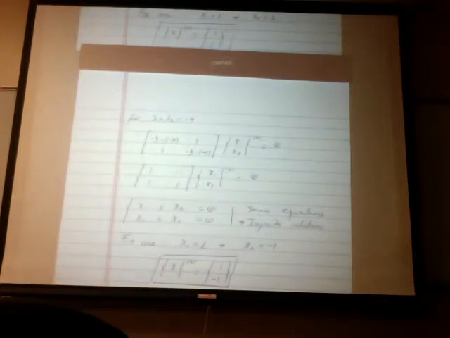Right? So now we have two eigenvalues, two eigenvectors.